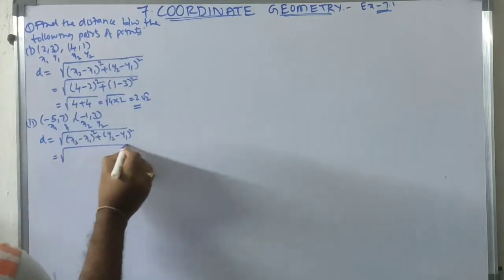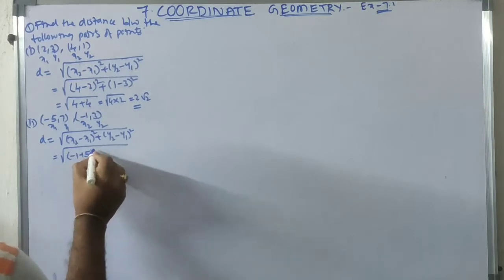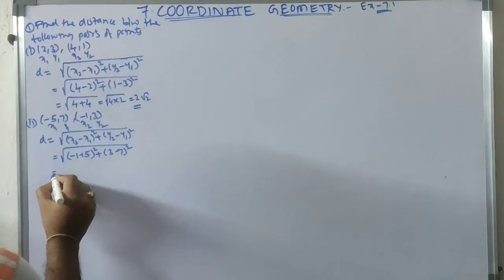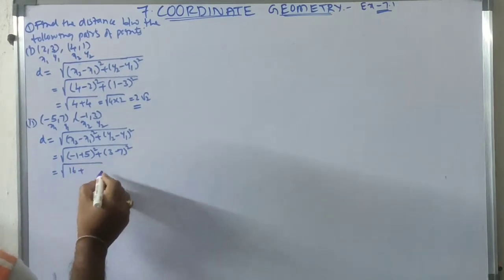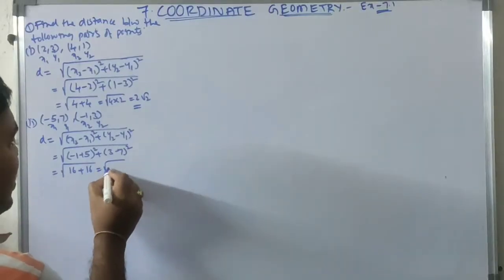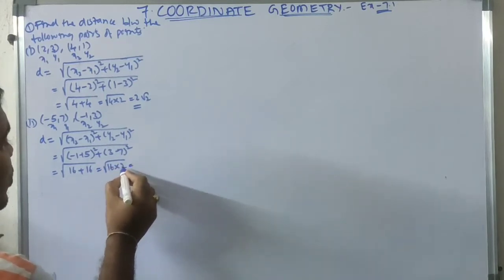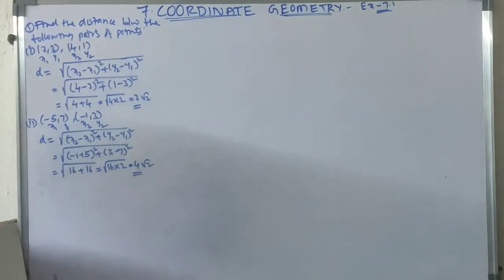So equal to under root of (minus 1 minus of minus 5) whole square plus (3 minus 7) whole square. Minus 1 plus 5 is 4, whole square 16, plus 3 minus 7 is minus 4, whole square 16. So 16 plus 16 is 32, which is 16 into 2. Taking 16 outside of the root, root 16 is 4, so 4 root 2. So this is the answer.